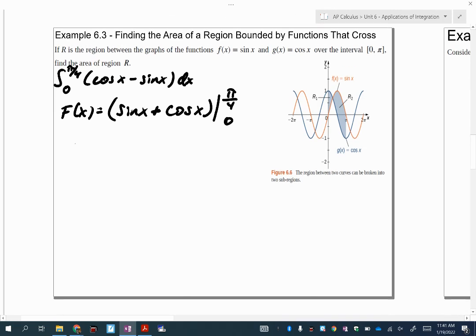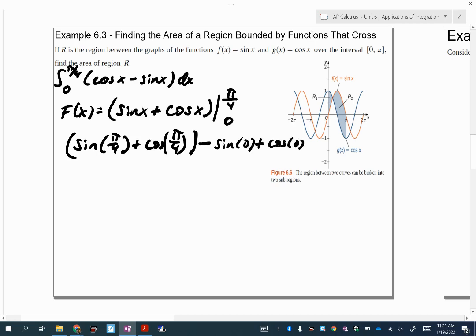Let's do that. So that's the sine of pi over 4 plus the cosine of pi over 4, whatever that is, minus the sine of 0 plus the cosine of 0. All right, we know that these are both the square root of 2 over 2.